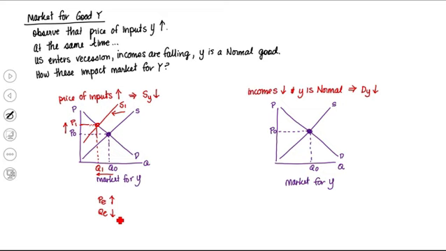Let's do the same thing on the right-hand side. On the right-hand side, we've got a demand decrease. So we need to shift our demand curve to the left. We'll label it D1. So equilibrium price is P1. Equilibrium quantity is Q1.